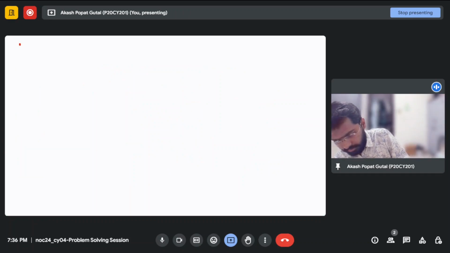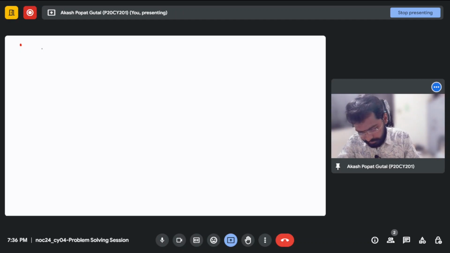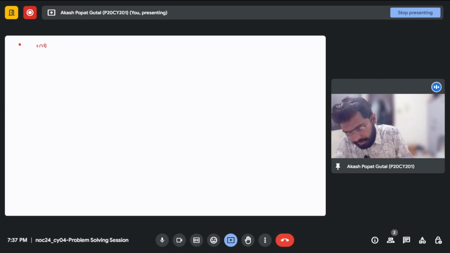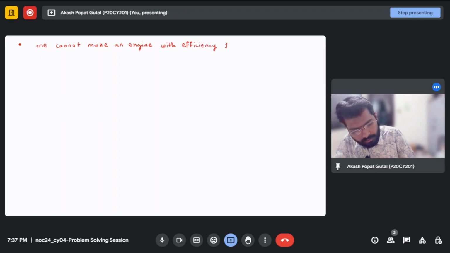What we get from the Carnot cycle is that one cannot make an engine with efficiency 1.